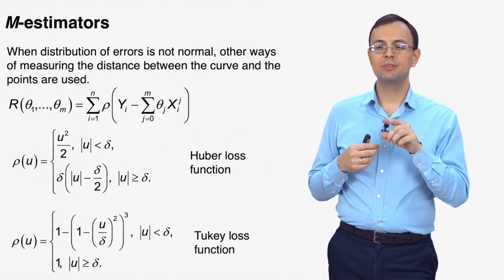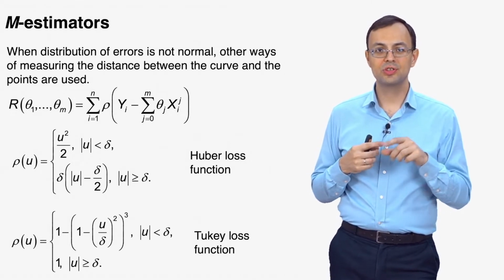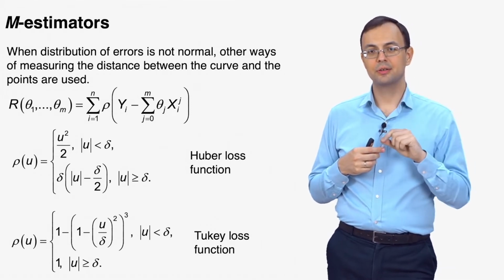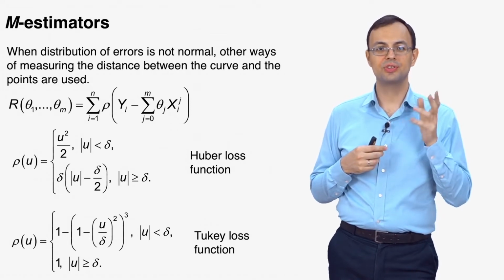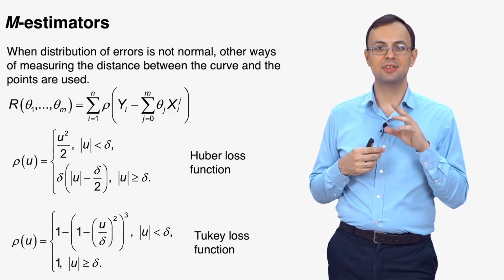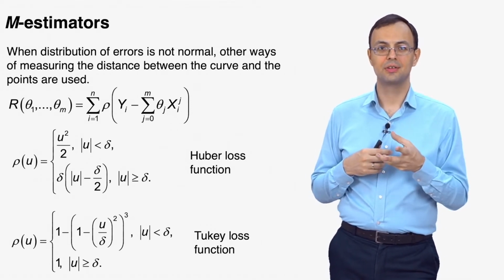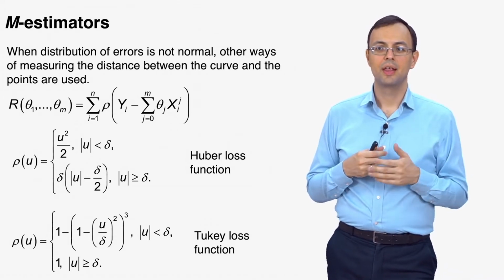So you see that for big arguments, the Tukey loss function is equal to 1. So we just ignore the distance for far points. If a point is very far, we just say that the distance is equal to 1, and the actual distance, the actual deviation, is ignored.